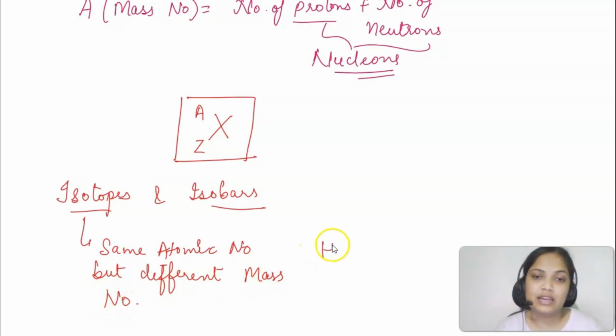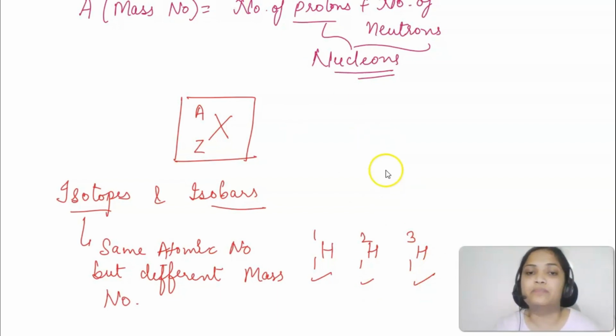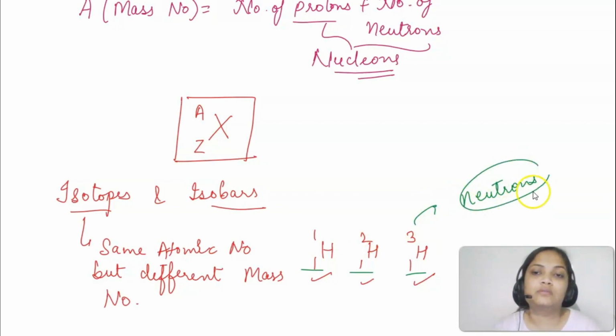So hydrogen के कितने isotopes हैं? 3. So 1H1, 1H2, 1H3. Protium, deuterium and tritium with mass number 1, 2 and 3 respectively. So यहाँ पर फर्क कहाँ होता है? अब atomic number same है, right? 1, 1, 1 means तीनों में 1-1 proton है. Then why is the mass number different? It is different because they are having different number of neutrons. Neutrons में फर्क होगा, so that gives rise to isotopes.